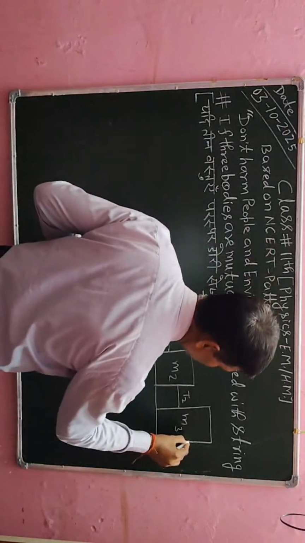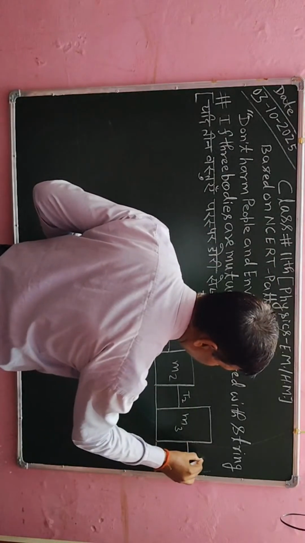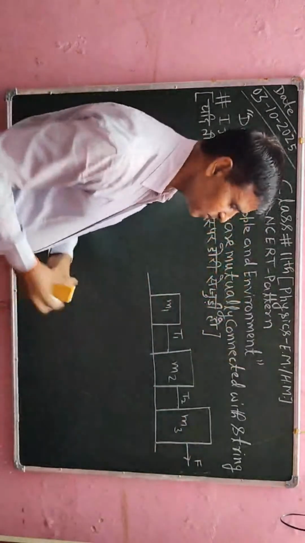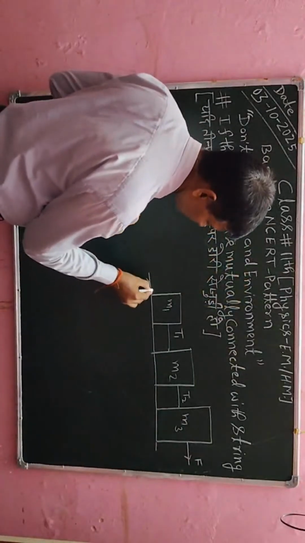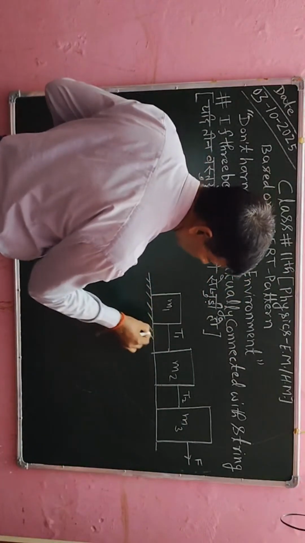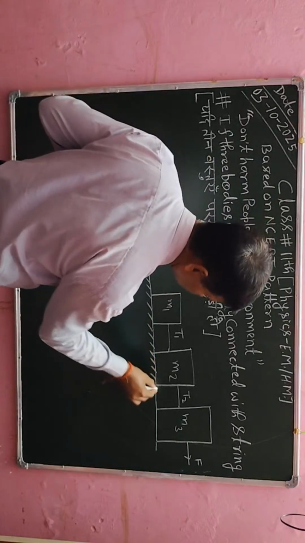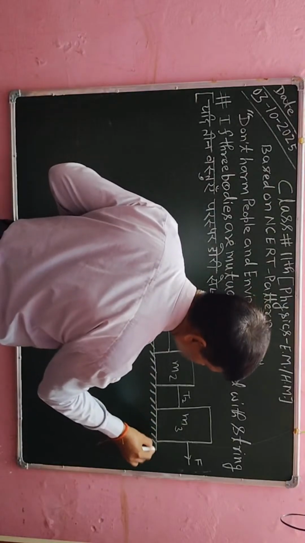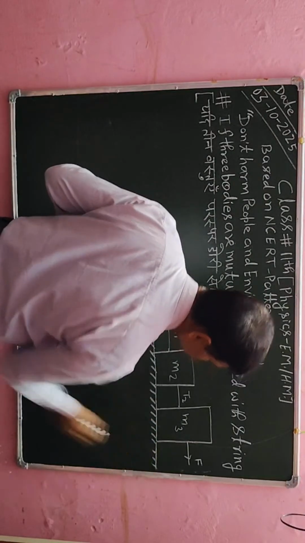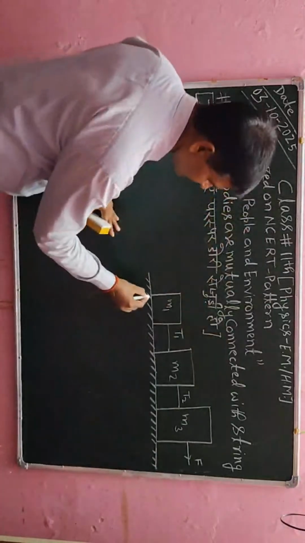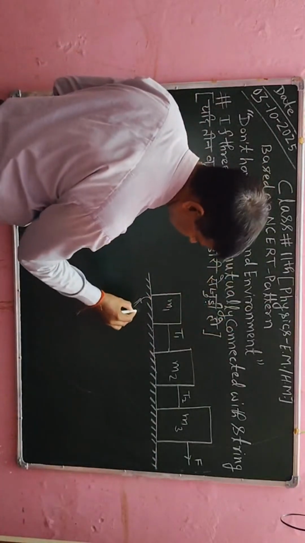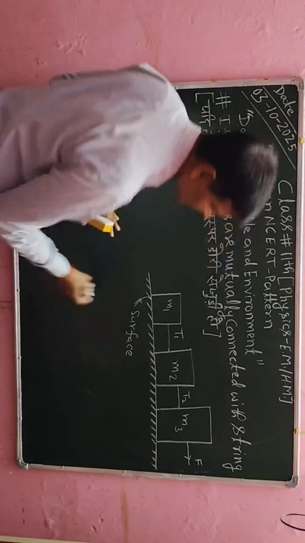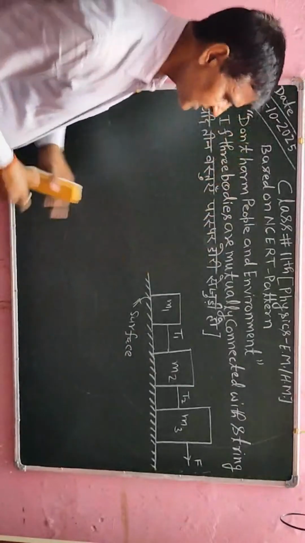Now, one force I have applied on the mass M3, and then this object is moving in the forward direction. This is the surface, and I have hatched this surface to make the concept clear. On this surface, these three objects I have kept.